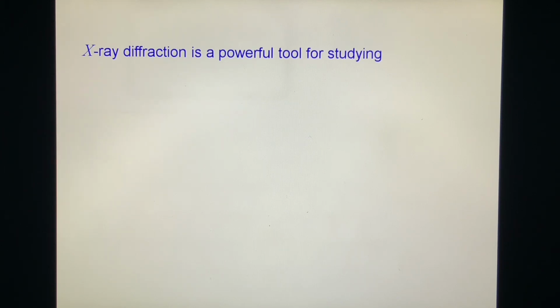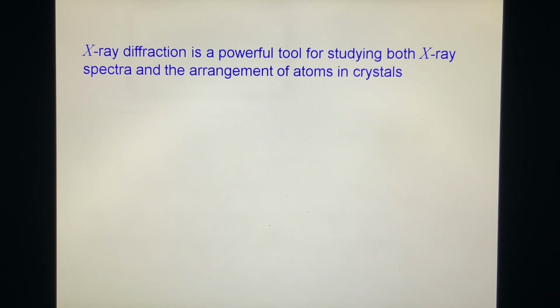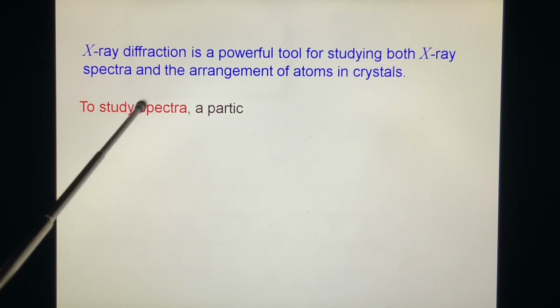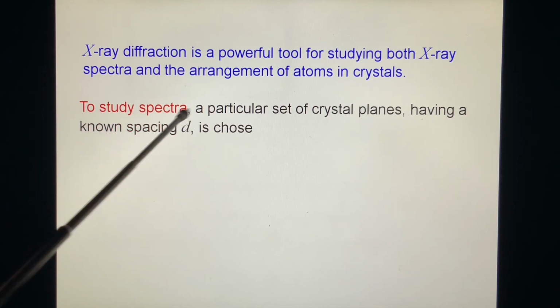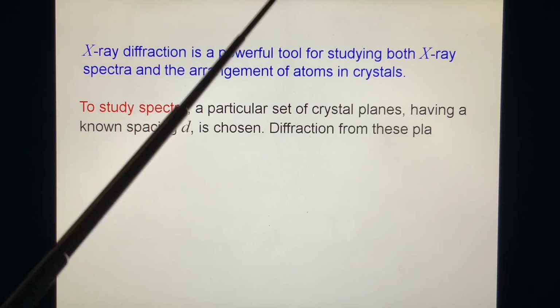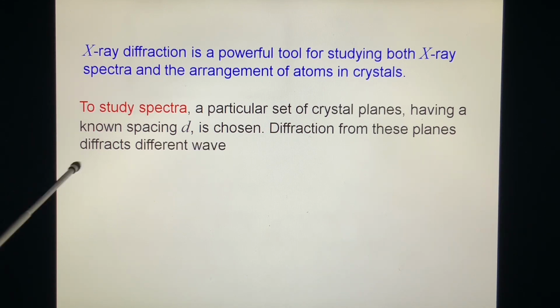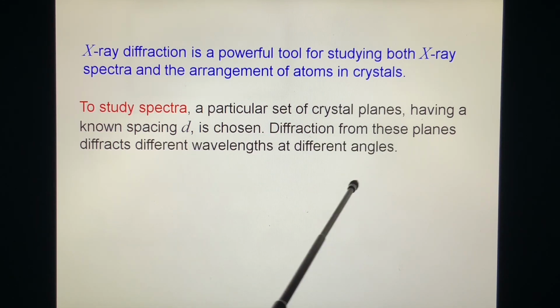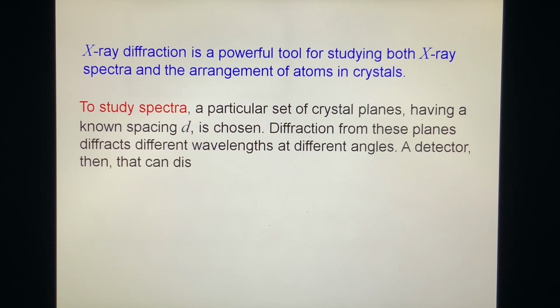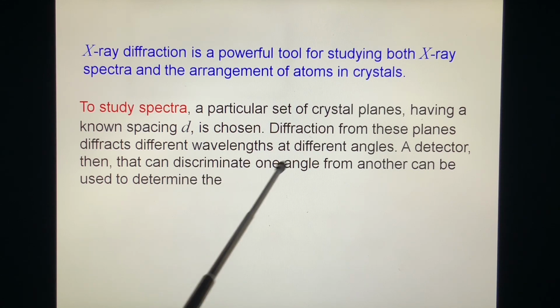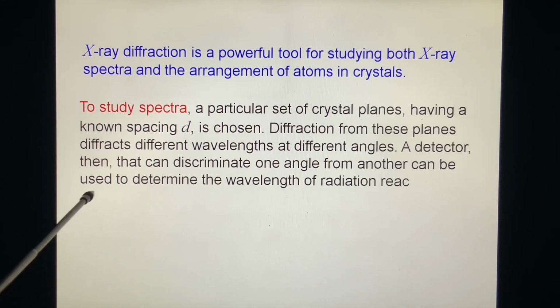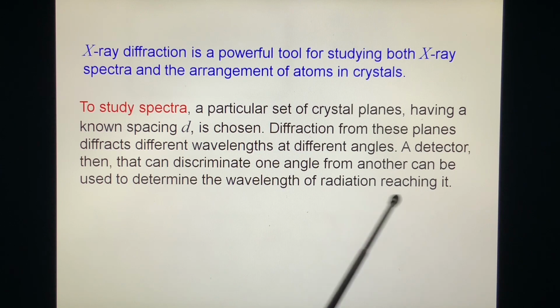X-ray diffraction is a powerful tool for studying both X-ray spectra and the arrangement of the atoms in crystals. To study spectra, a particular set of crystal planes having a known spacing d is chosen. Diffraction from these planes diffracts different wavelengths at different angles. A detector that can discriminate one angle from another can be used to determine the wavelengths of radiation reaching it.